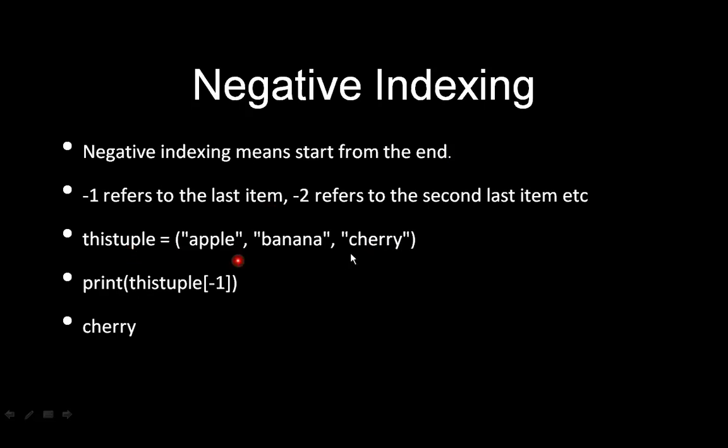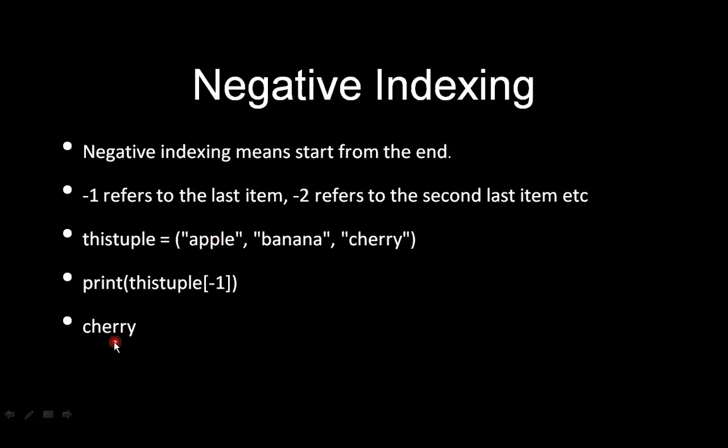I need to specify the index number as -1, because the last element corresponds to index -1. Banana corresponds to index number -2, and apple corresponds to index number -3.